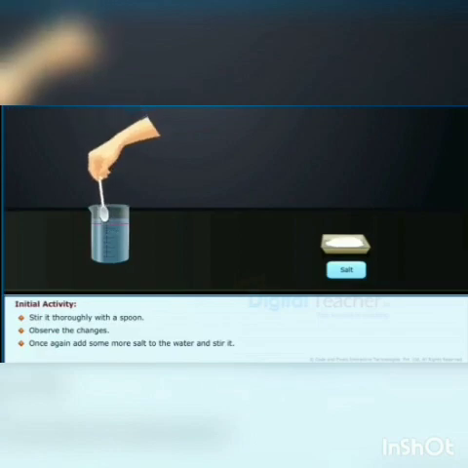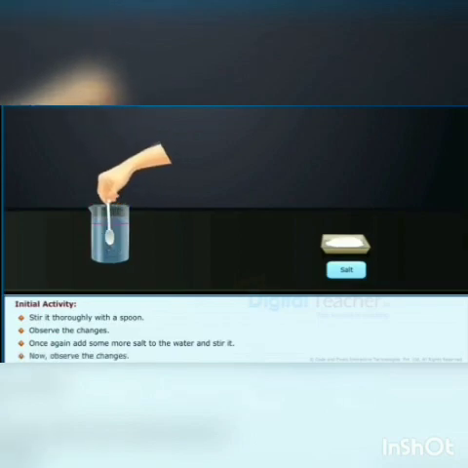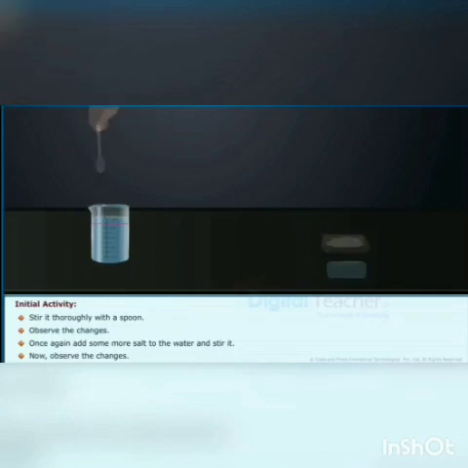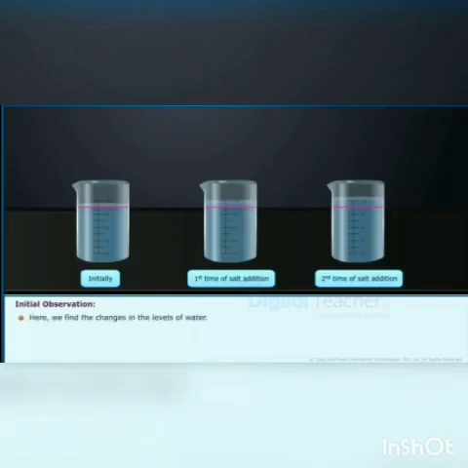Once again, add some more salt to the water and stir it. Now observe the changes. Here we found that the level of water changes.